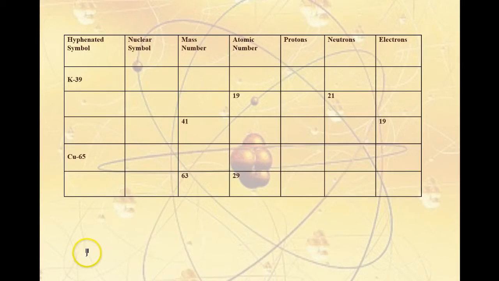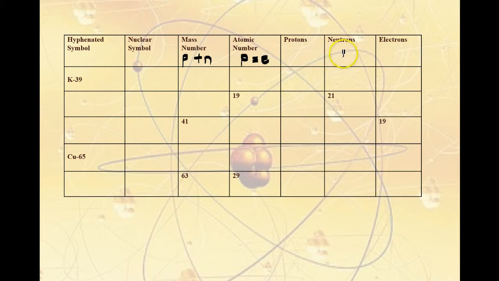So let's take a look at this chart that I have here. Mass number we know is protons plus neutrons. The atomic number is the number off of the periodic table. The protons is the atomic number. So the atomic number gives us the protons, which is equal to the electrons.